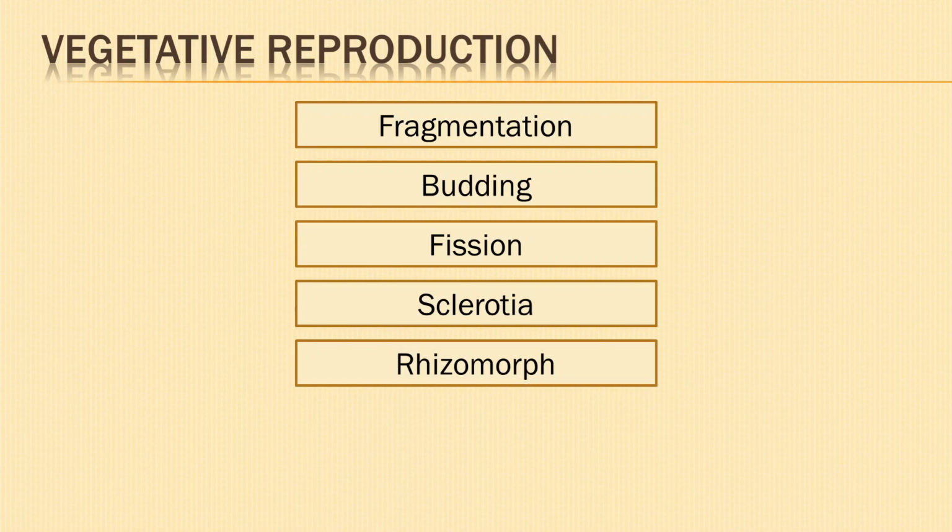Rhizomorphs are pseudo-parenchymatous structures formed by interwoven hyphae. They carry on the functions of roots. Like sclerotia, they remain dormant during unfavorable conditions and grow during favorable conditions.